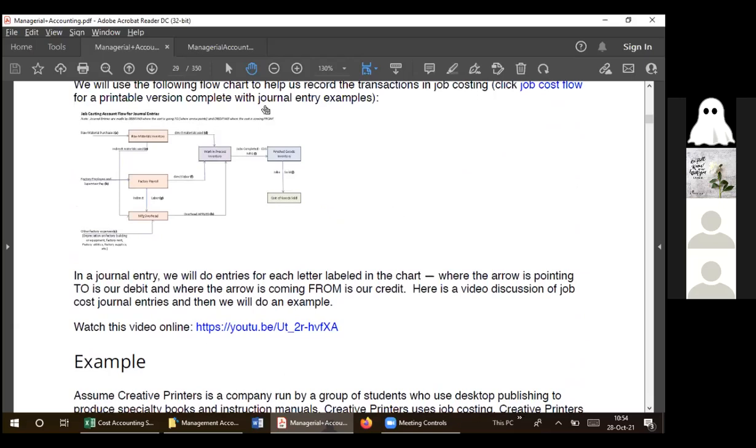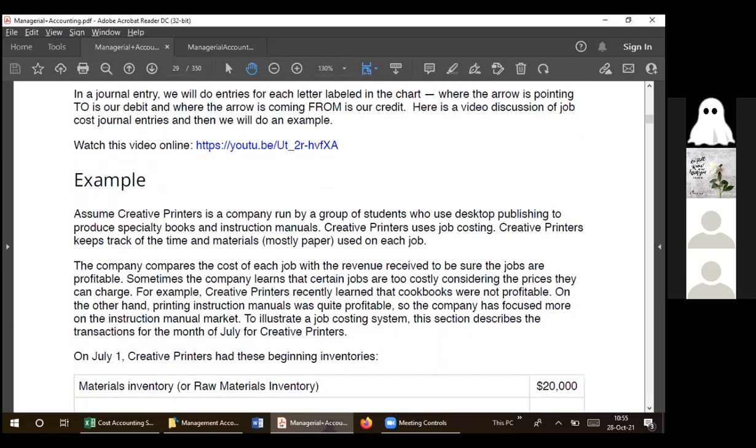So arrow pointing to and arrow coming from will make it easier to understand. Arrow coming from is where the money is coming from, and where the money is going to. As we remember for journal entries, it's only the money that we record. We do not record anything else.